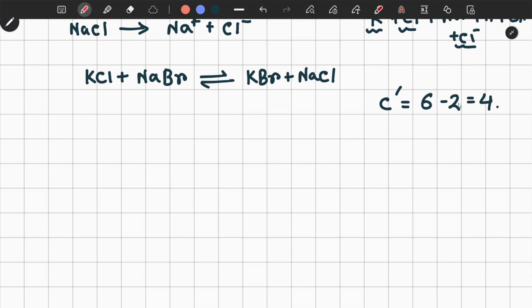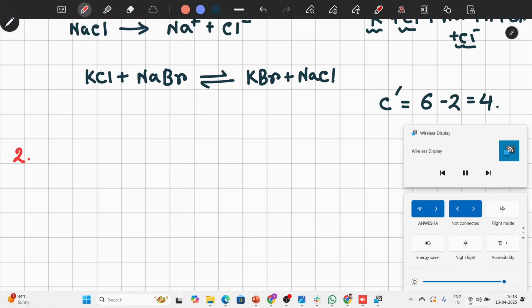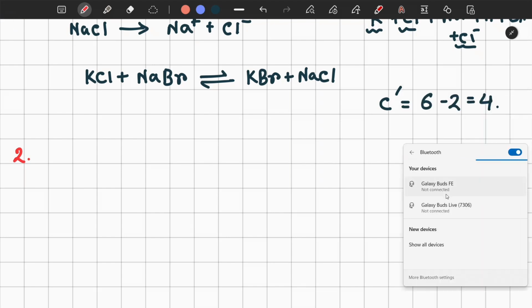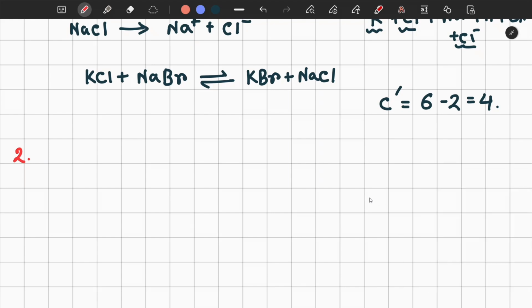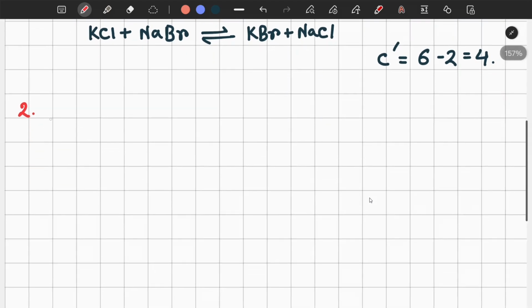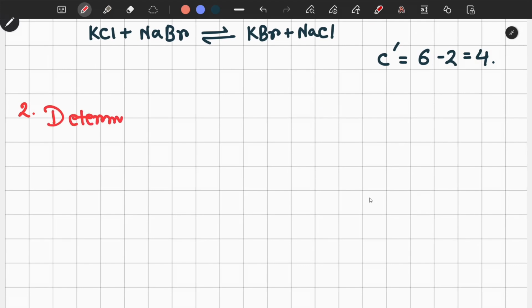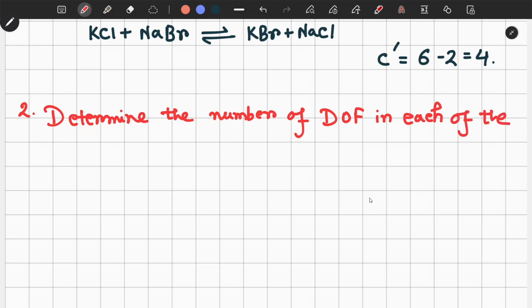Now, question number 2. Determine the number of degrees of freedom in each of the following systems.